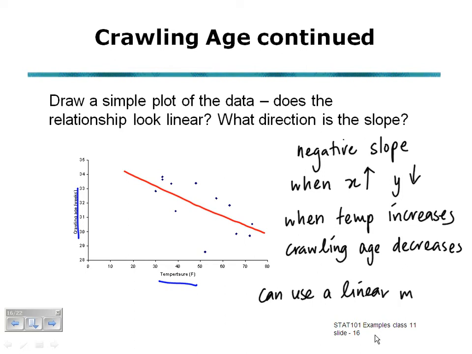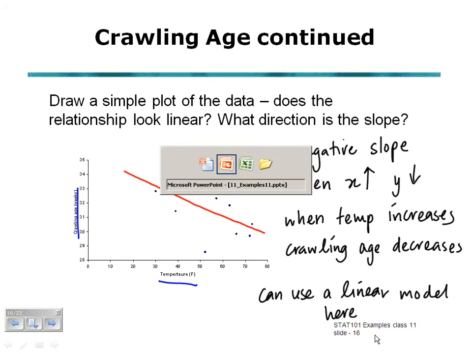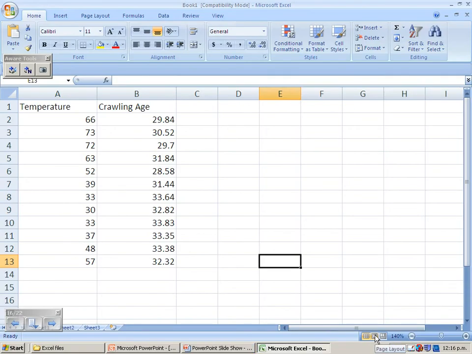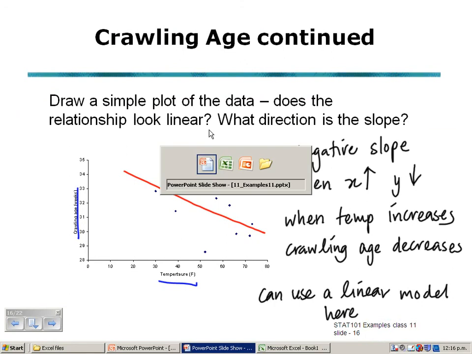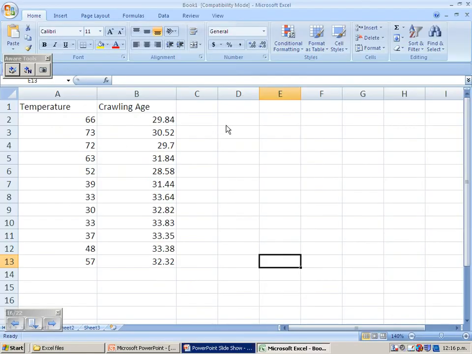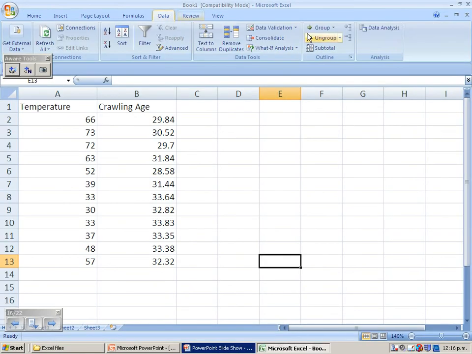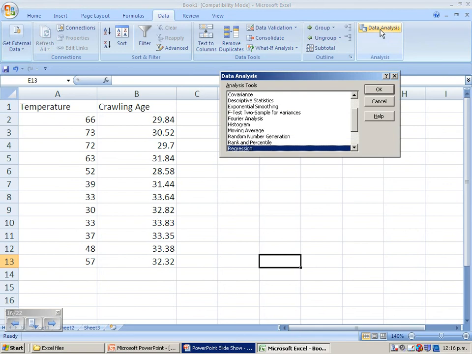And from our earlier examples, we can use Excel to do the linear regression. We'll go into Excel, and remember we will need to make sure data analysis is there. So data analysis, and we will pick regression.